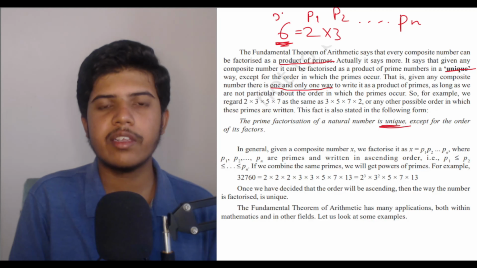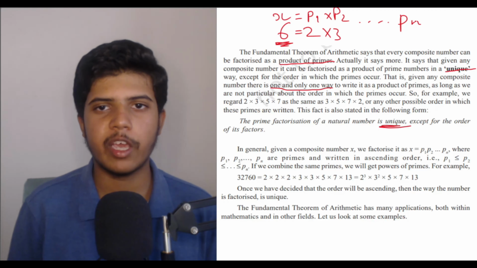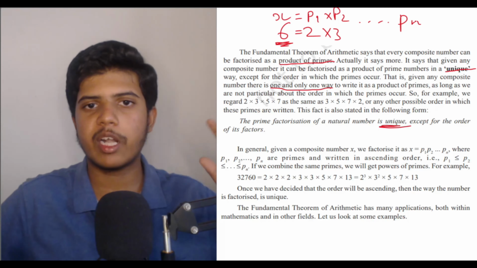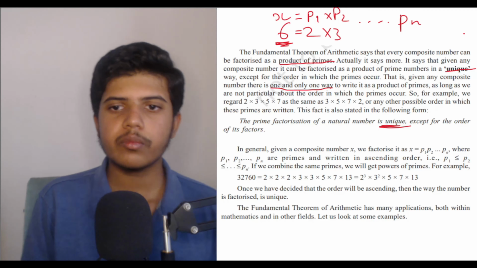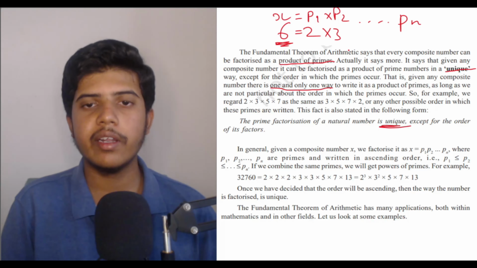So x is equal to p1 into p2, and it goes on until pn. All the prime factors are multiplied with each other to get x, the composite number, where p1, p2, pn are primes and written in ascending order.